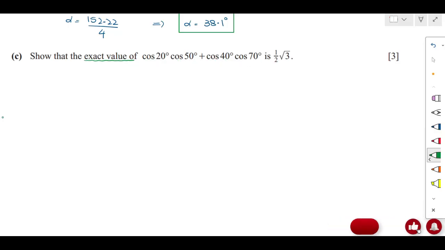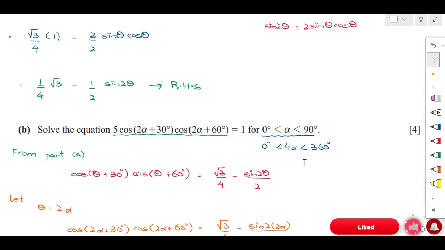is half root 3. Okay, so let me write down from part A. We have done part A that proves the left hand side equals the right hand side.